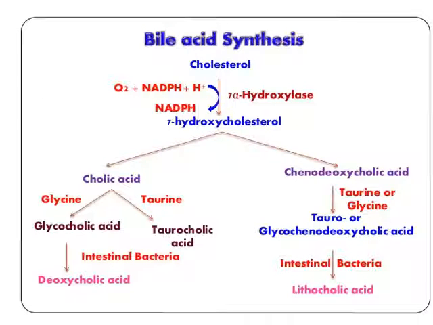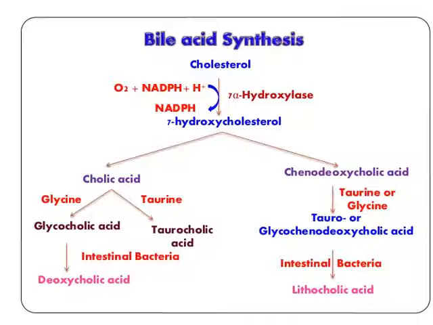Now some ideas about the bile acid synthesis. Cholesterol forms 7-hydroxycholesterol by the enzyme 7-alpha hydroxylase. So different risk factors cause a decrease in 7-alpha hydroxylase, causing decreased synthesis of bile acid from the cholesterol. So there will be an increased amount of cholesterol in the bile.